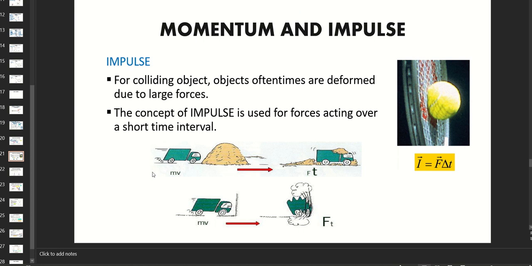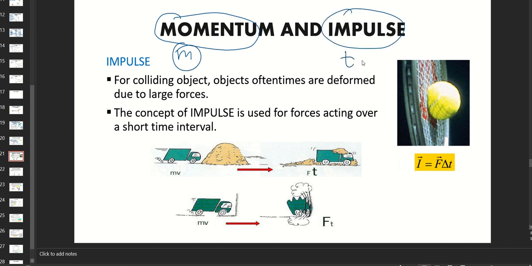For impulse, ano yung difference ng momentum and impulse? Sa momentum, we are saying that the object has a big momentum if it has big mass. Now, in impulse, the impulse is high if the time is low. Ibig sabihin, impulse siya kapag very low yung time, which is mabilis.